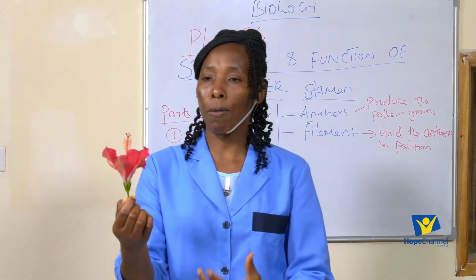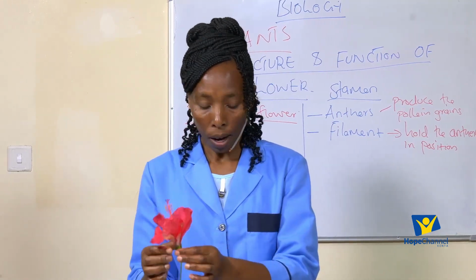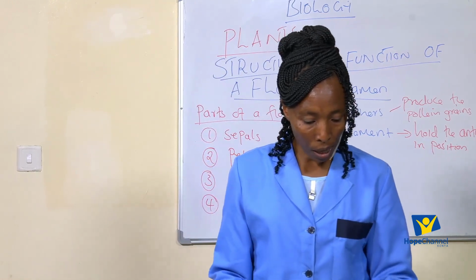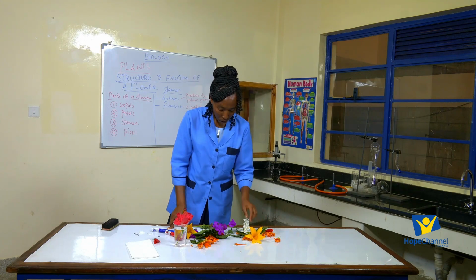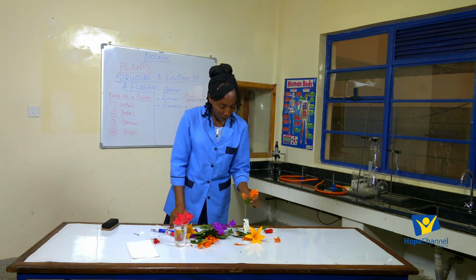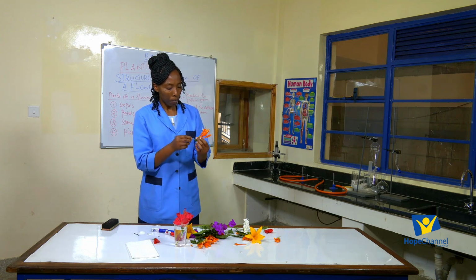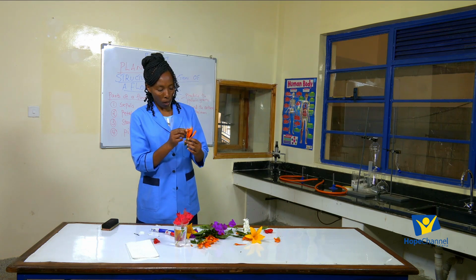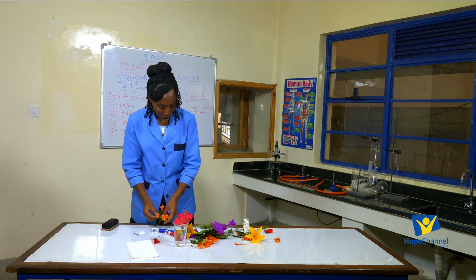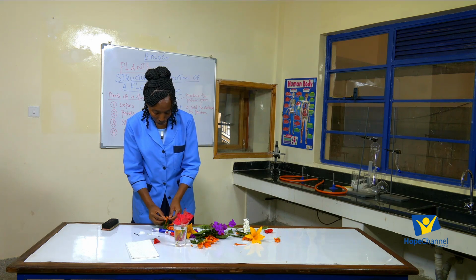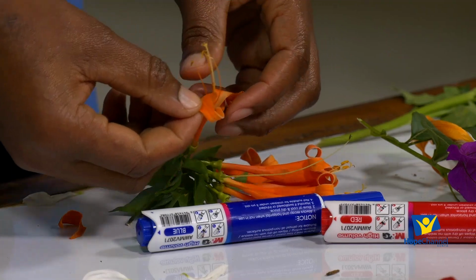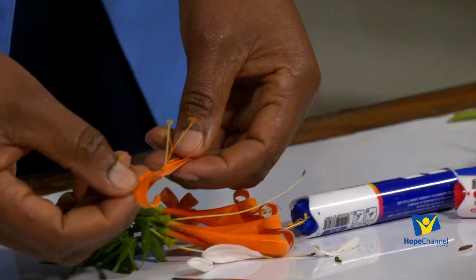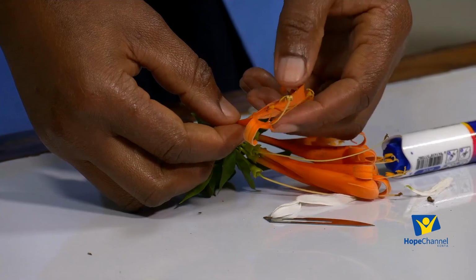We said these are flowers from hibiscus. This is a hibiscus flower. Let me see another part of the flower, and we try to see where the filaments are. We said these are the petals, so we remove the petals so that we are able to see the filaments.